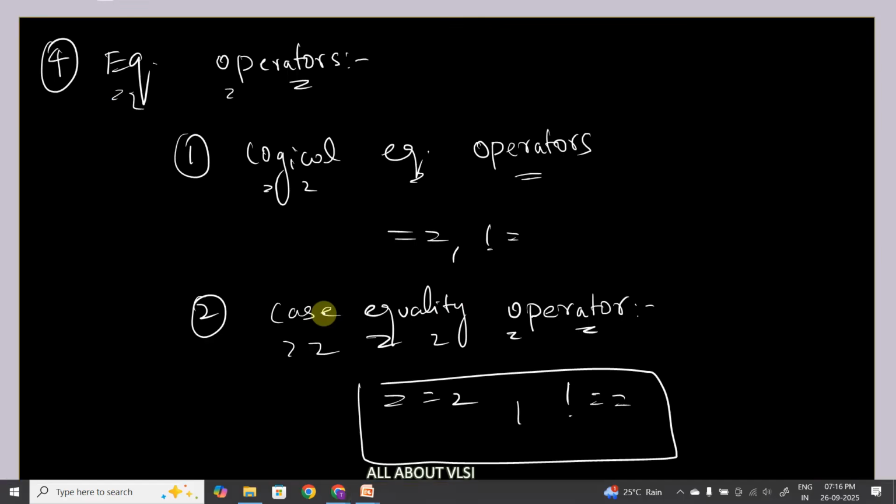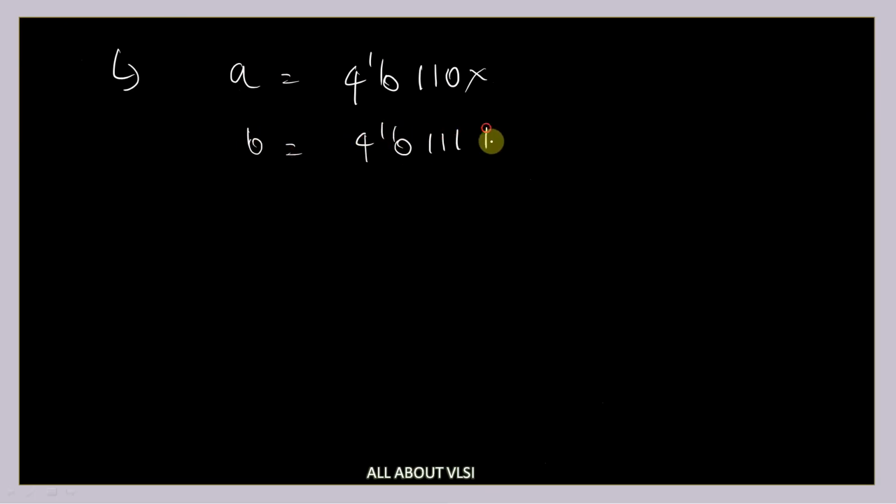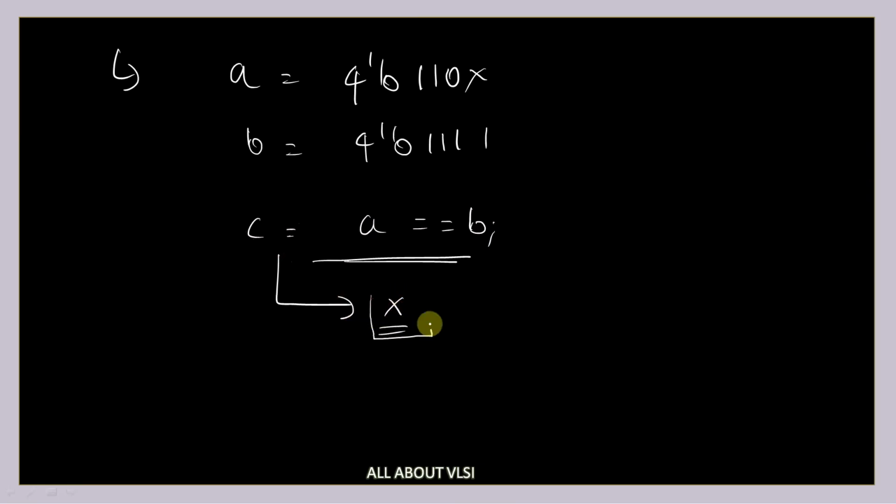But if you are using other tools like Vivado or ModelSim, and suppose A is equal to 4'b110x and B is equal to 4'b1111, and C is equal to A normal equality of B, then in this case you will get your answer as unknown. Normal equality operators cannot compare this, but in EDA Playground you are getting 0. If you use other tools like Vivado or ModelSim, you will get unknown.